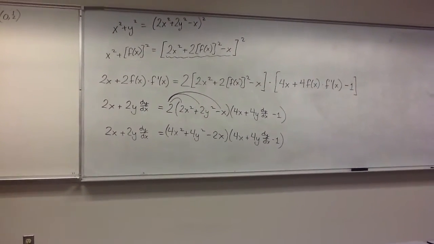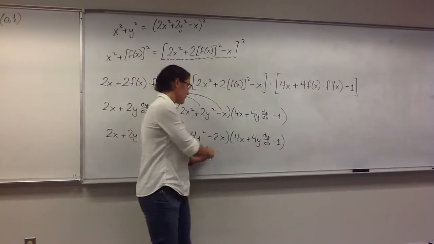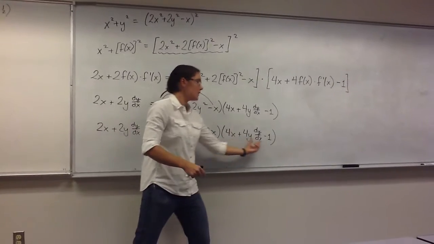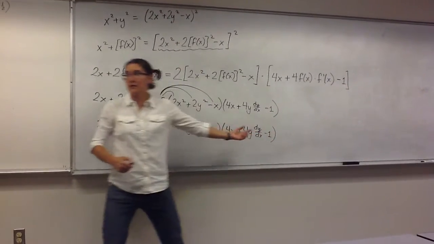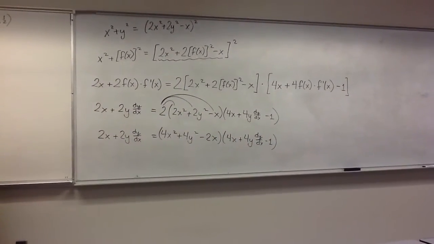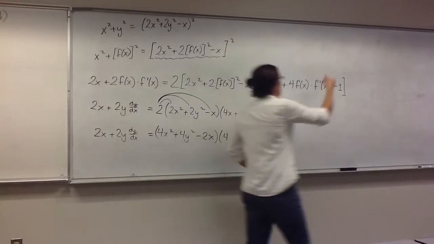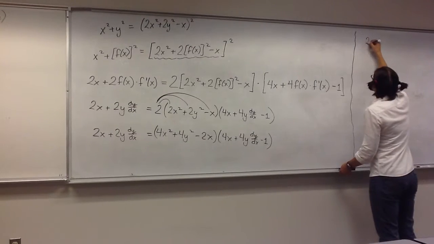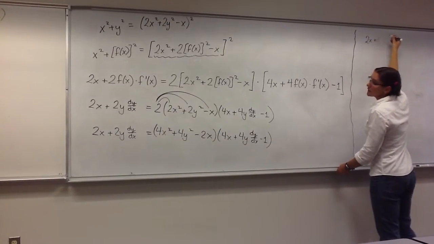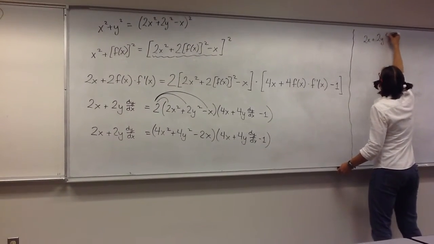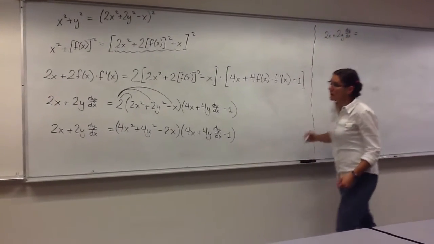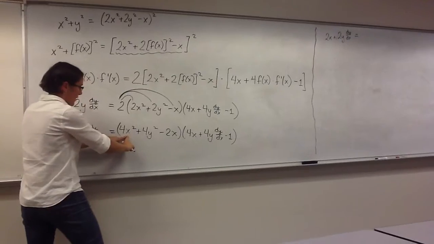All right, my next job is to distribute 4x squared plus 4y squared minus 2x to each of these terms over here on the right side of the parentheses. So here we go. On our left side, we have 2x plus 2y times dy over dx. And on the right side, I'm going to multiply this 4x squared through.